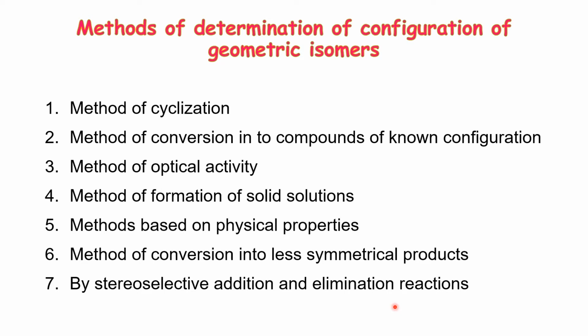Usually in the initial phase, two or three simple methods which are possible in the lab are employed, and for final confirmation we have certain advanced and sophisticated analytical techniques which can tell us which isomer is present. Usually a combination of two or three methods is employed to arrive at a valid conclusion about configuration.